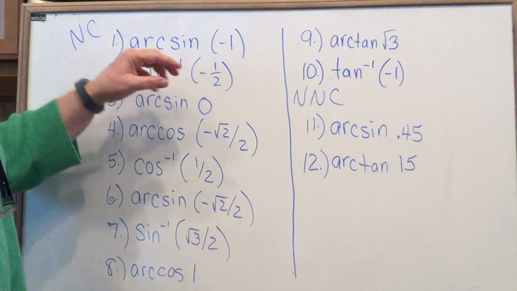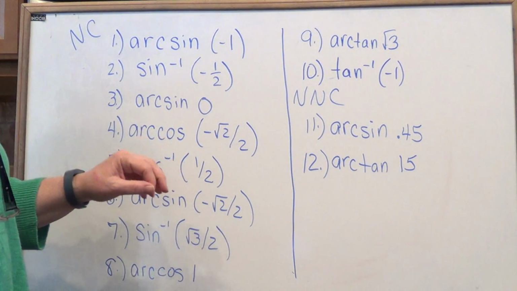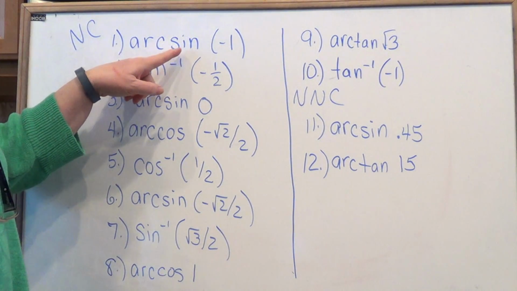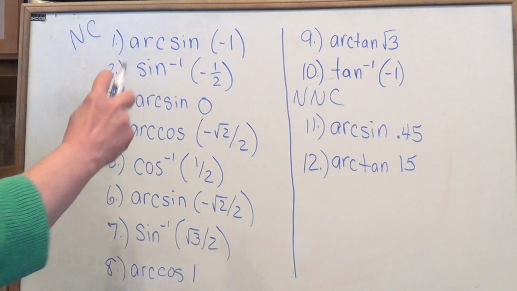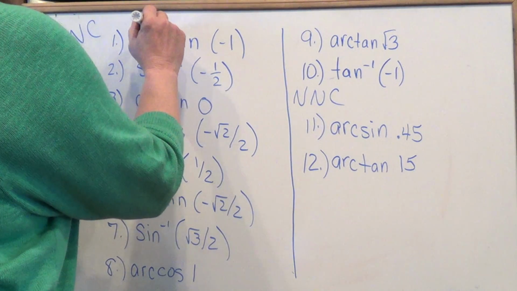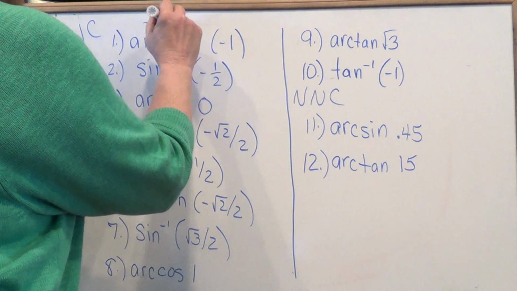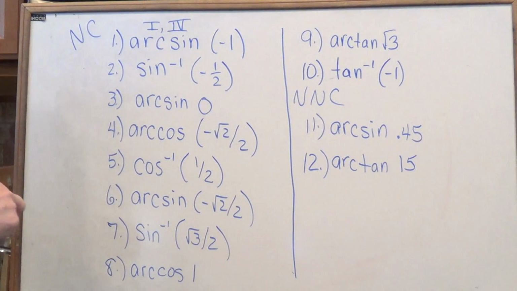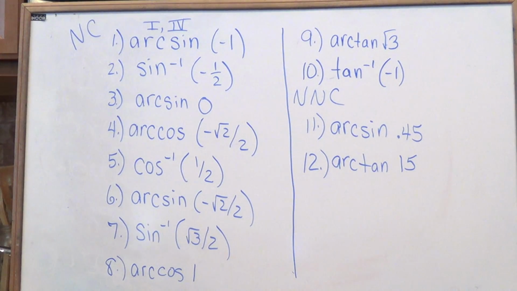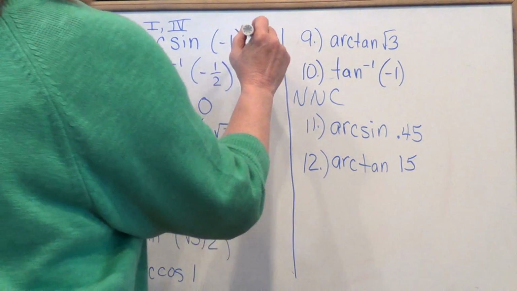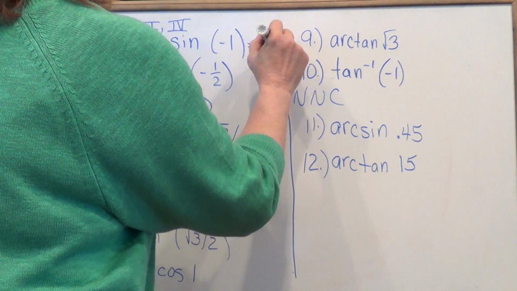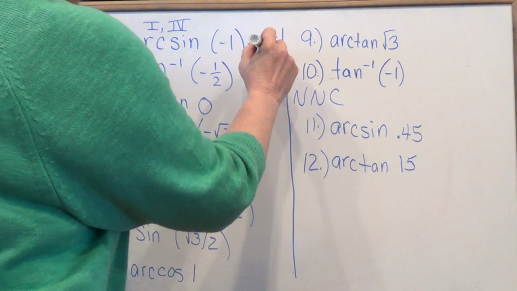And look around at all the points on the unit circle, and you're only allowed to look for arc sine in the first and the fourth quadrant, and you're looking for one where the second coordinate is -1. So where should you look for that to be true? You'll see that happens at 3 pi over 2. And that is the answer to number 1.